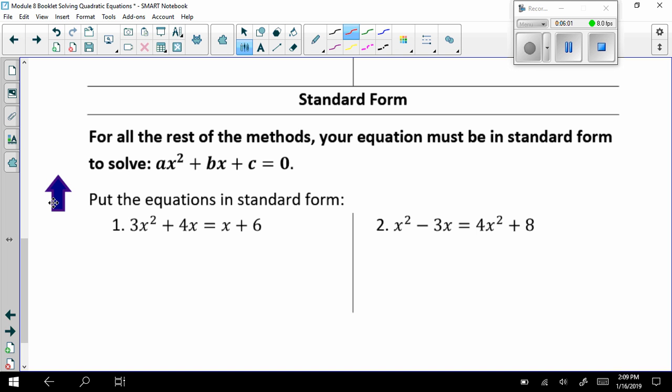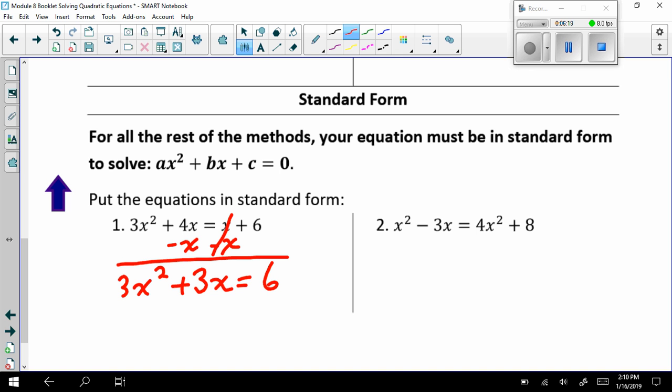I'm going to start by getting my x's together. Because I'm crossing the equal sign, I need to use my inverses. So I'm going to subtract x from both sides. Notice I lined it up with my like term, underneath the term that has the same variable and same exponent.